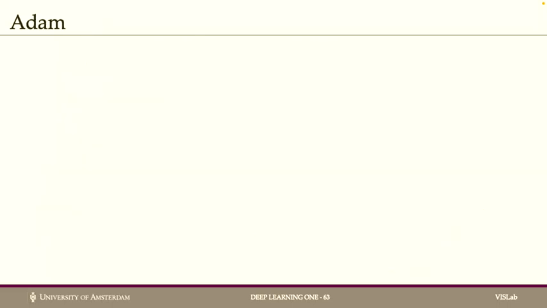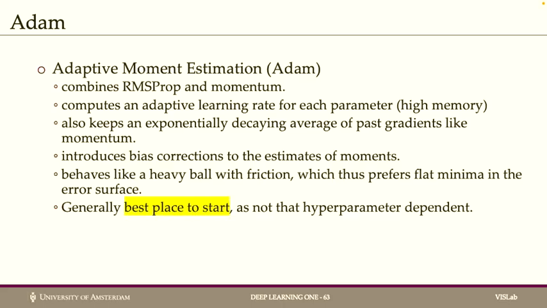But moving on to the most important, and I think most cited machine learning paper that exists, which is Adam. It stands for Adaptive Moment Estimation, and it's a combination of RMSprop and momentum. Again, it computes an adaptive learning rate for each parameter, which requires high memory, and keeps exponentially decaying averages.